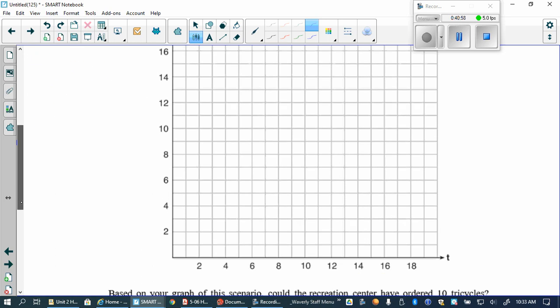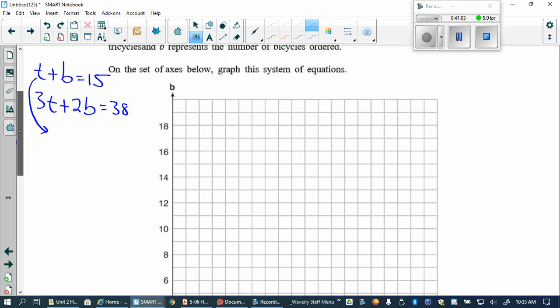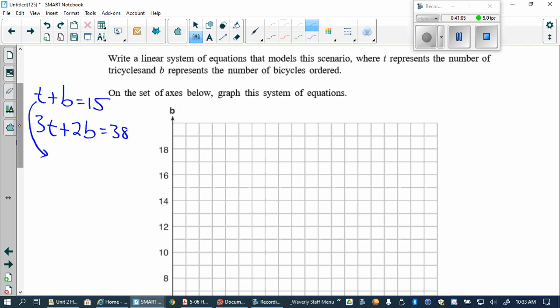It's going to hit the t-axis where b is 0. When b is 0, what's left up here? 15. T equals 15, right? And what's the b intercept? B equals 15.